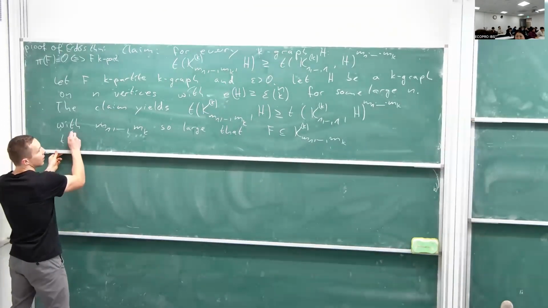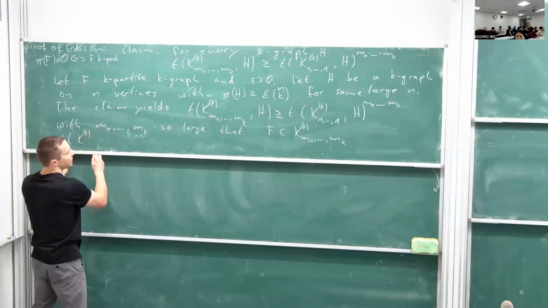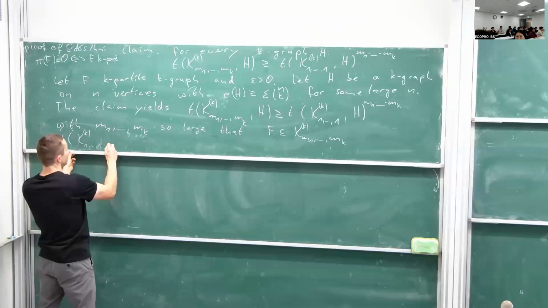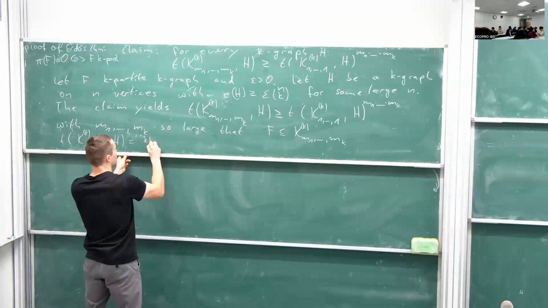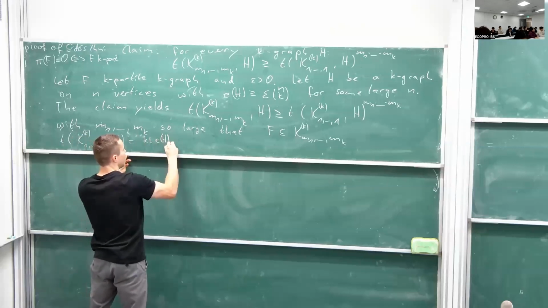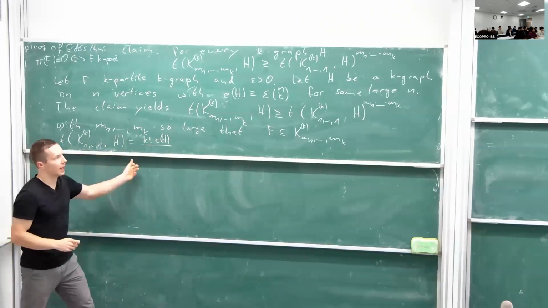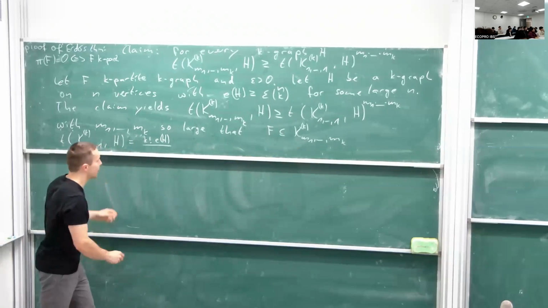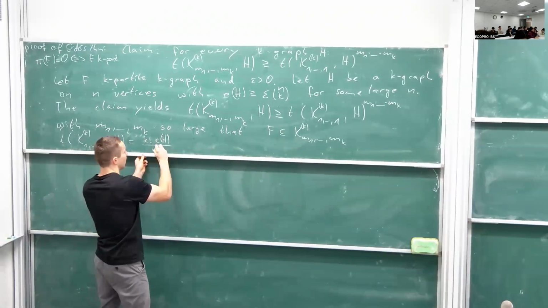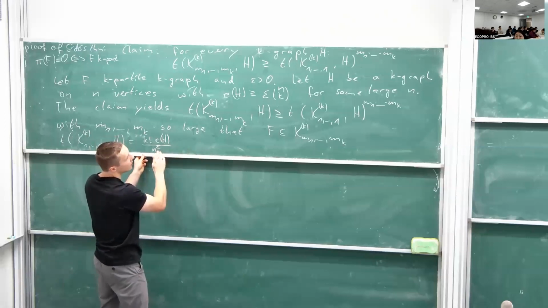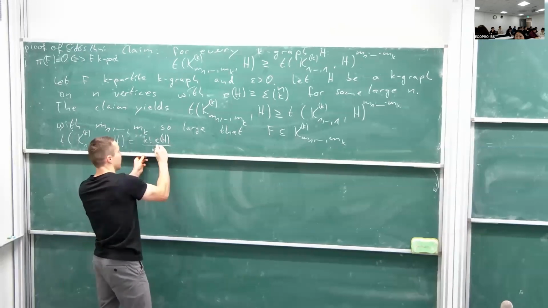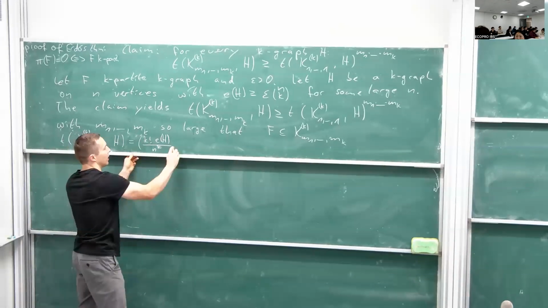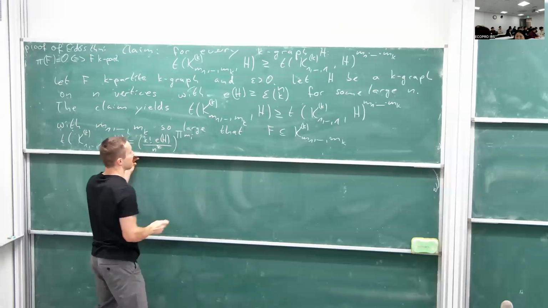So this is k factorial times the number of edges of H, divided by our norming factor n to the k, and then we raise this again to the power of the product of these mi.